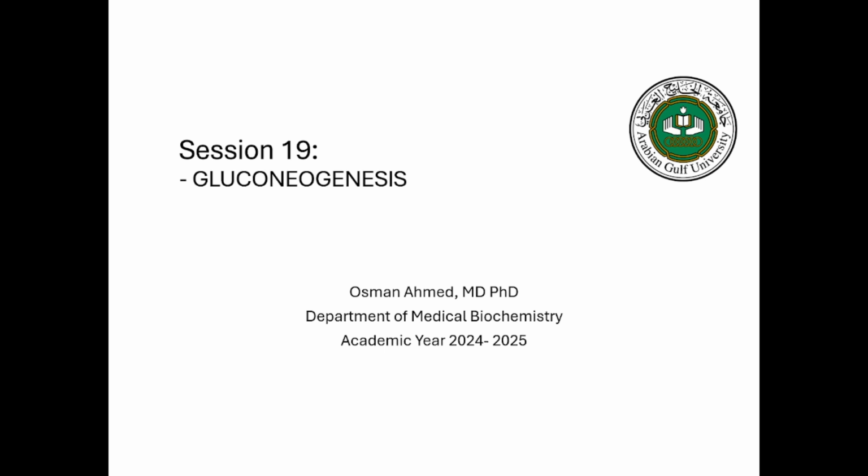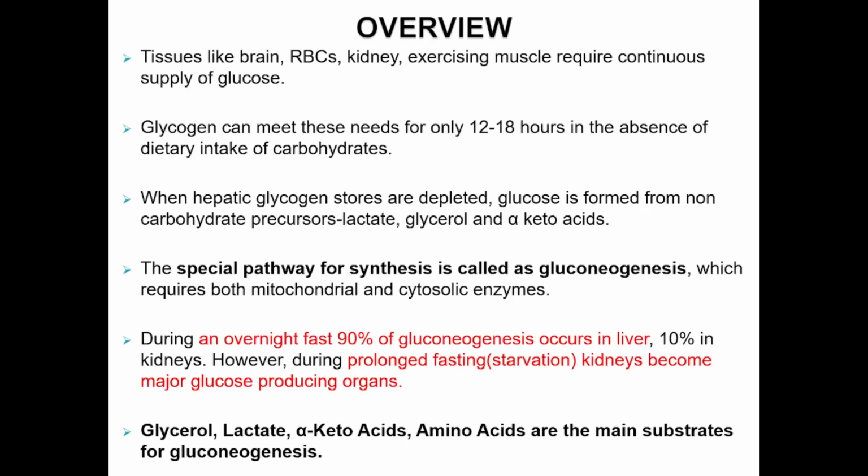So today we will talk about gluconeogenesis. For gluconeogenesis, as we mentioned before, there are tissues in the body that are solely dependent on glucose. They cannot live without glucose. That means the body has to produce glucose irrespective of your fed status.